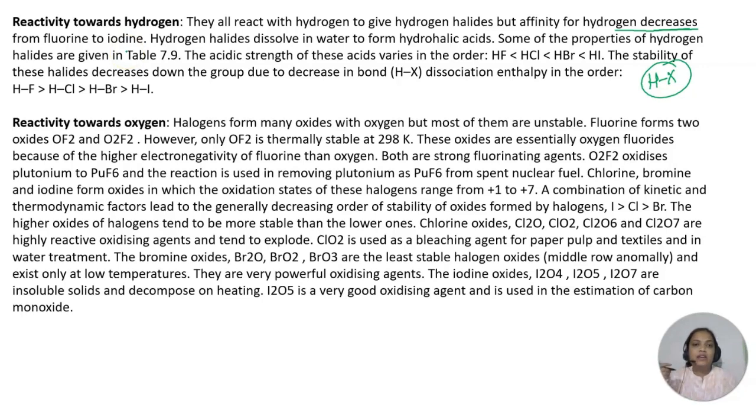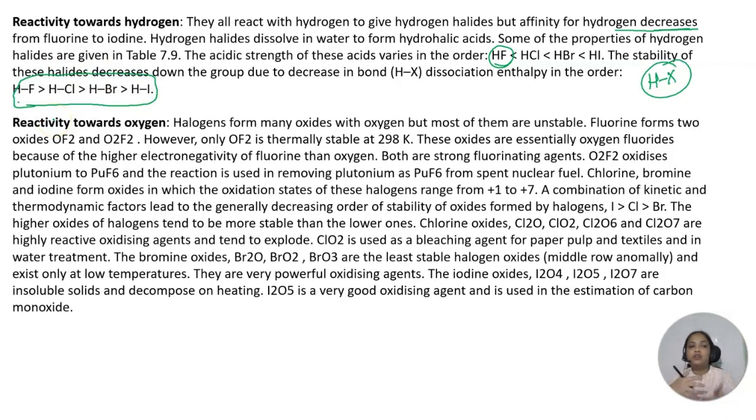So if I am talking about the acidic strength, hydrogen and fluorine will be strongly bonded in HF, because of high electronegativity of fluorine plus small size. But as we are moving downward, size increases, so the H-X bond becomes weaker. So that is why the bond enthalpy decreases in the order and the acidic character increases.